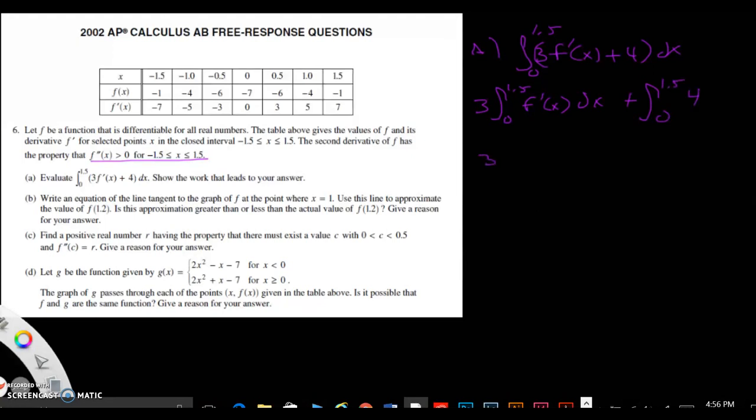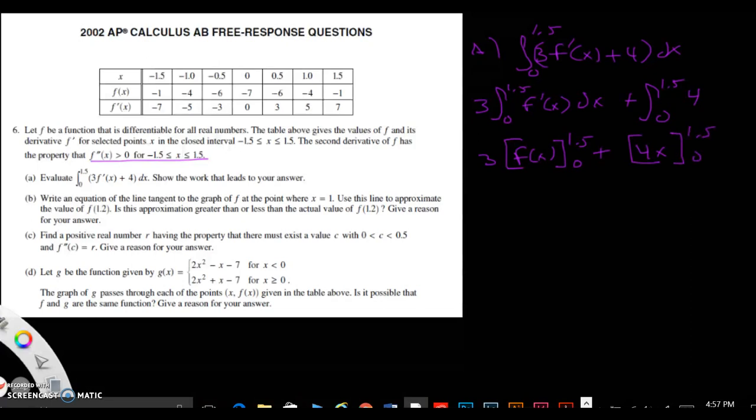Now, what's the antiderivative of f prime of x? That's f of x from 0 to 1.5, plus, what's the antiderivative of 4? It's 4x from 0 to 1.5.